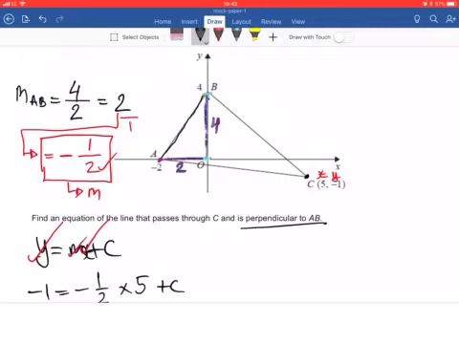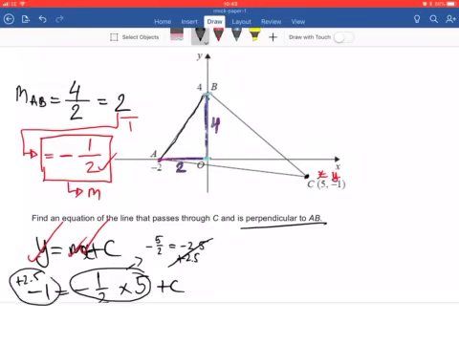So if I've got 5 lots of minus a half, that's going to give me minus 5 over 2, which is the same as saying minus 2.5. So I'm going to add 2.5 to both sides to get the c on its own. They cancel out. And then I've got minus 1 plus 2.5 is positive 1.5 equals c.